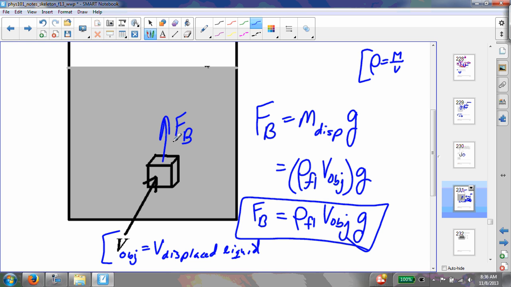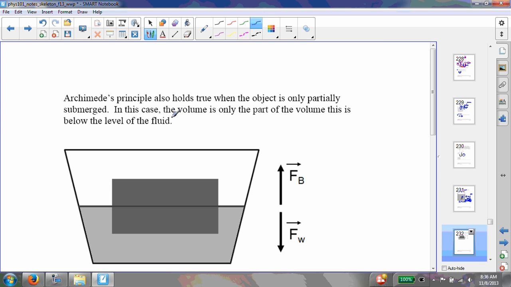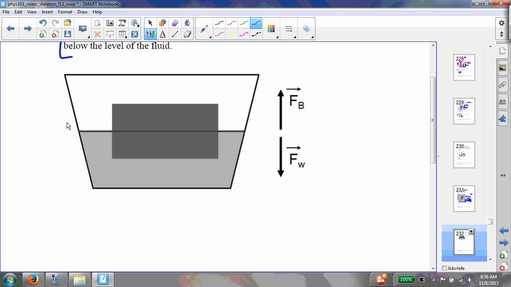And so it's dependent on the volume of the object. The bigger your object is, the greater the buoyant force will be. Now, this also holds true when the object is only partially submerged. In this case, the volume is only the part of the volume that is below the level of the fluid.